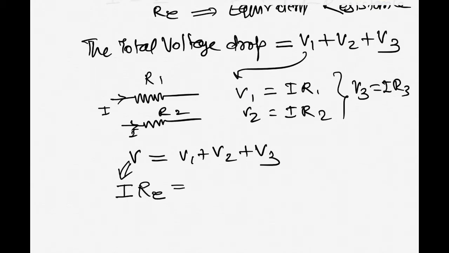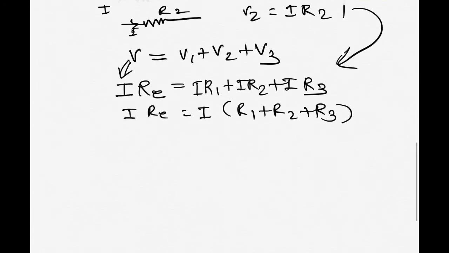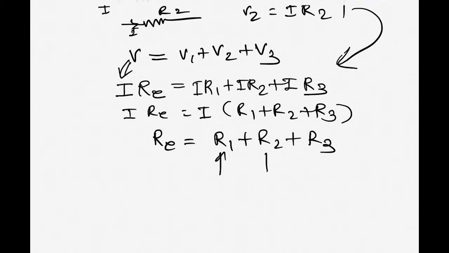And if we put in the values for V1, V2 and V3, we can write this as IR1 plus IR2 plus IR3. If I take I common, it becomes I times R1 plus R2 plus R3. So the equivalent resistance of three resistors in series is equal to the summation of the individual values of these three resistors.